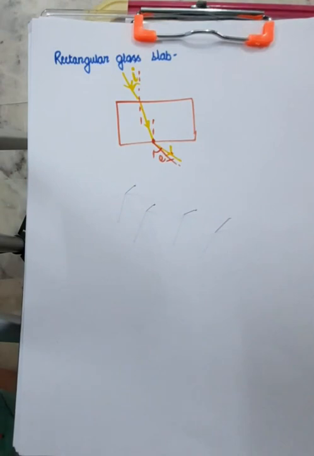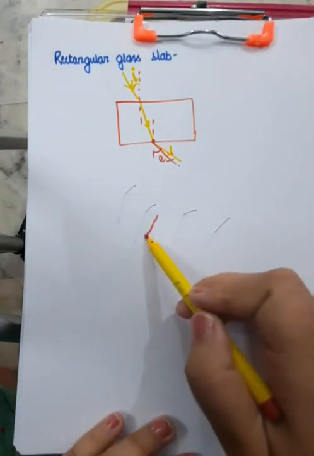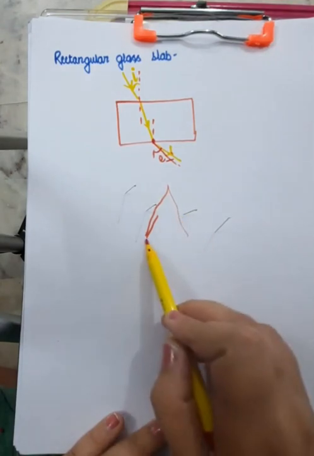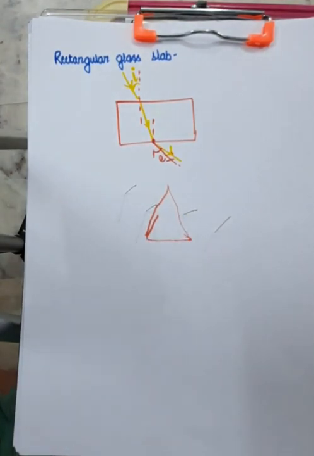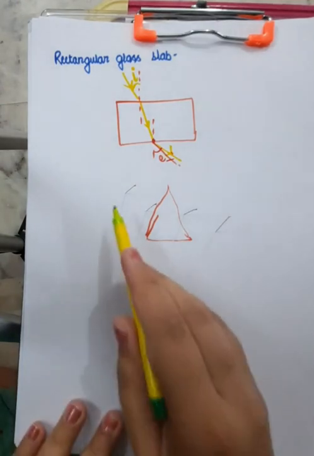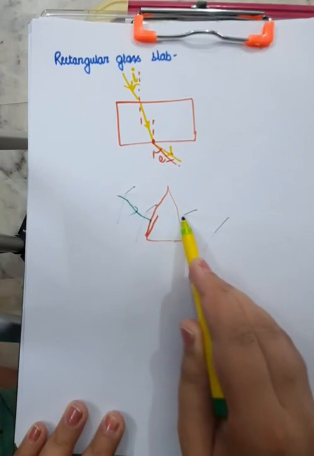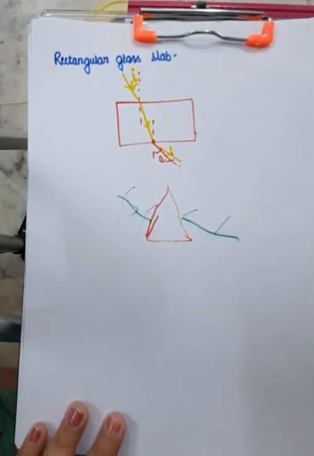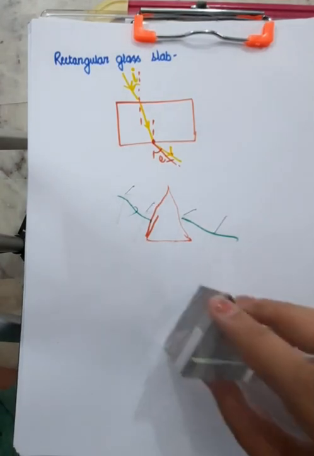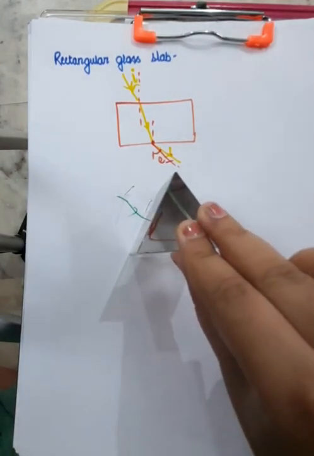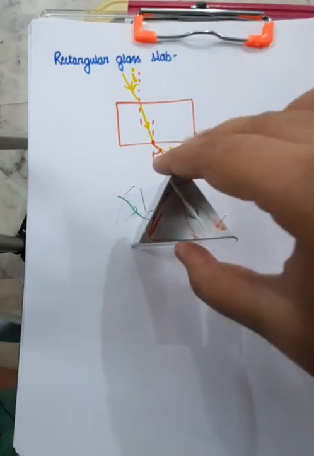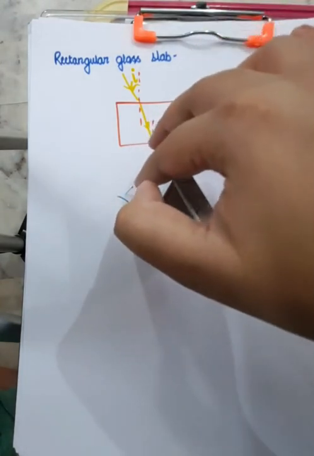Can you see the deviation? This was the position of the prism. Like this, randomly I'm drawing to show you. And this was the incident light ray, and this is the emergent light ray. Again I'll show you this thing. Just give me a second. Incident light ray.